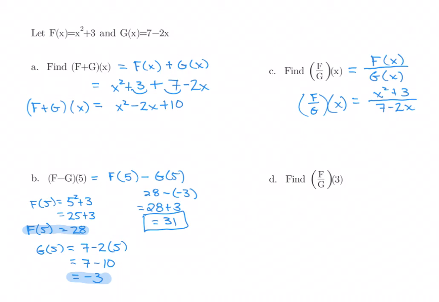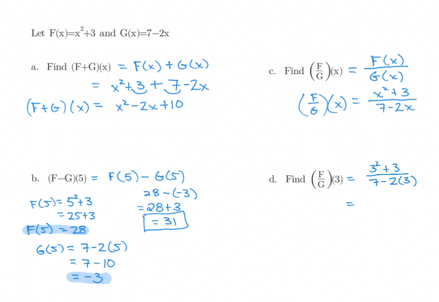And finally, let's evaluate a division function. Let's go ahead and plug in 3. So if we plug this into our function that we found right here, we're just going to replace all of the x's with 3's. So we get 3 squared plus 3 over 7 minus 2 times 3.